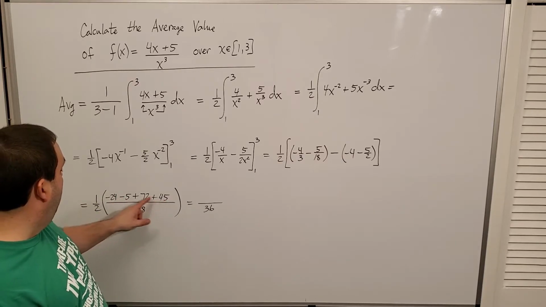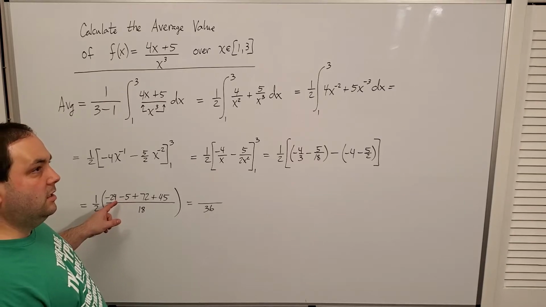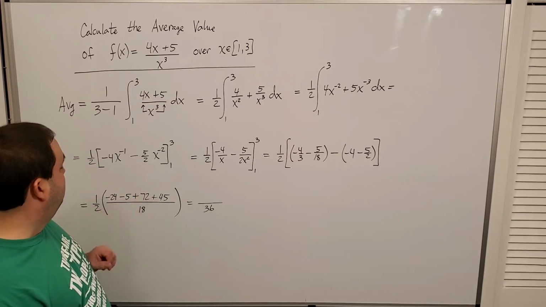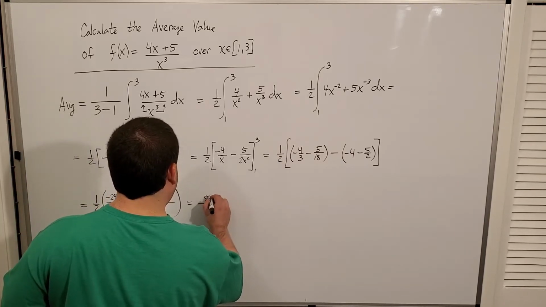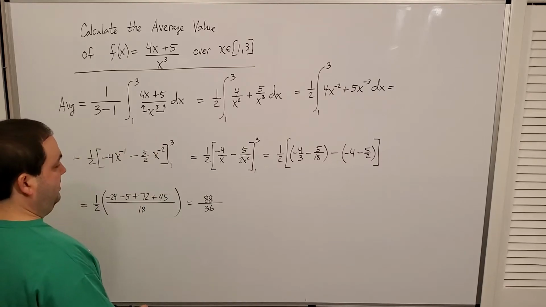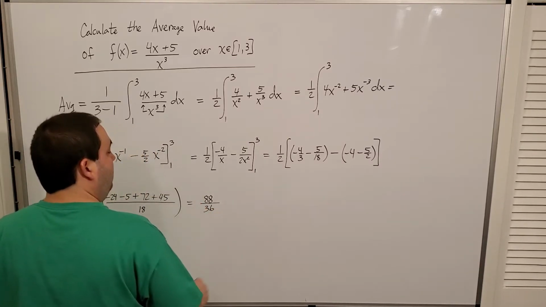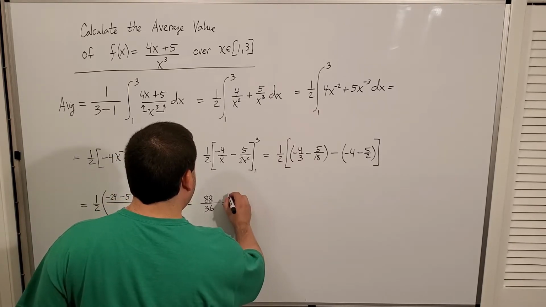And then 45 minus 29 is 16, plus 72 will give me 88 over 36. Let's see, I can get a 4 out of both of those, right? So that's 22/9.